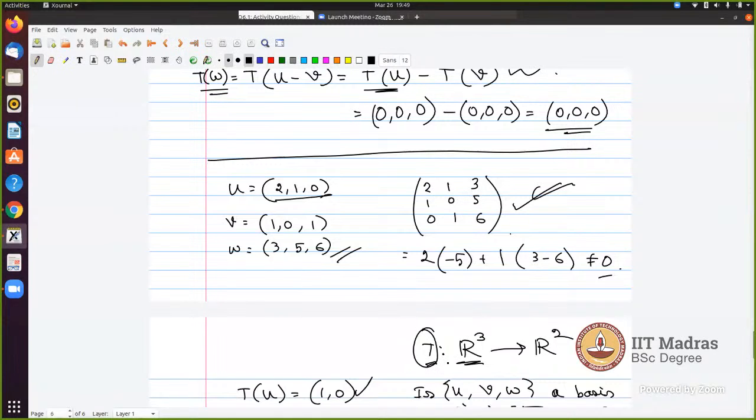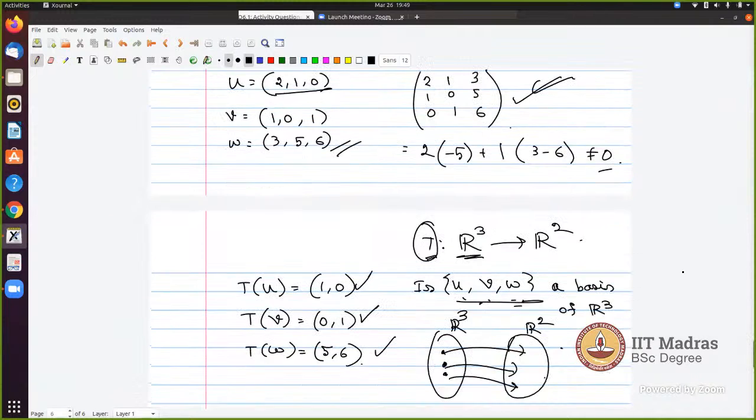Is this clear? Sir, the last line, where we got the 3 images in R2 for the transformation of U, V, W: is there any significance for that, or are they just 3 vectors in R2? Any 3 vectors in R2 you can write here, and that will give you a linear transformation.